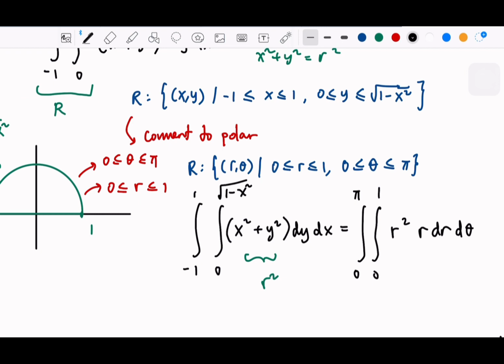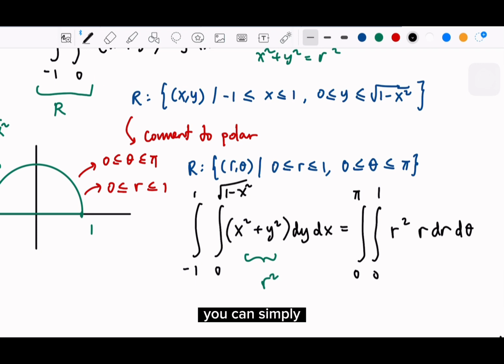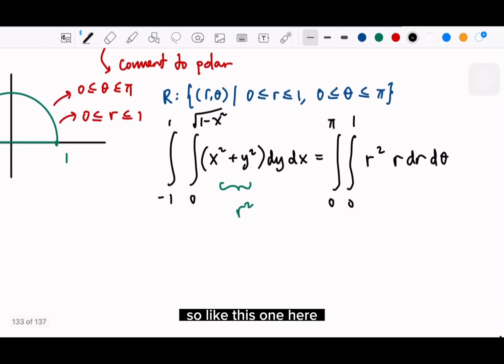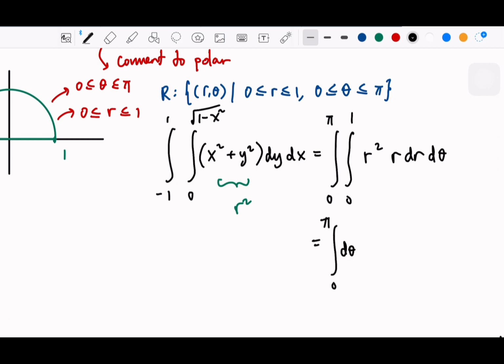And remember, if you have functions inside your integral that can be separated, for example, the x and y parts, you can simply separate the integrations. Okay. So like this one here, we can simply separate 0 to pi d theta, and then this one.